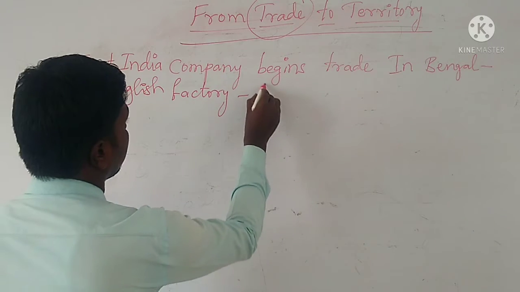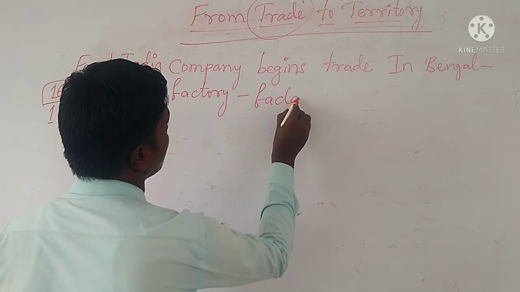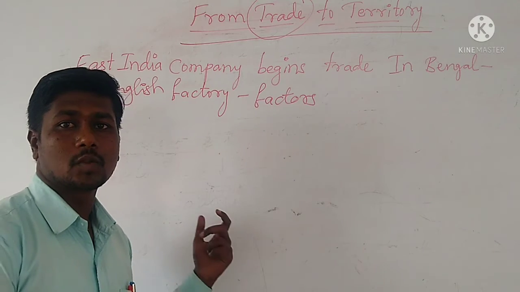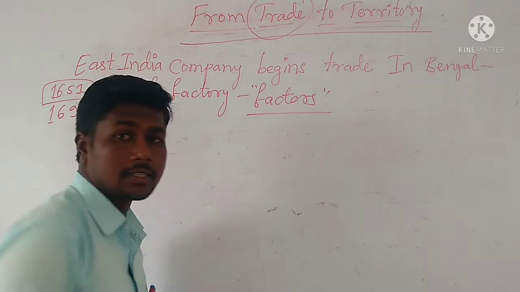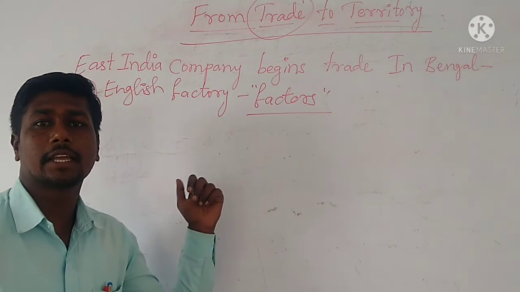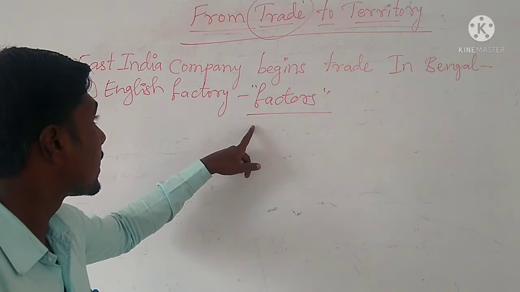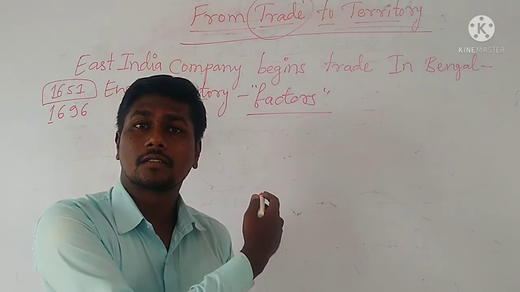And it was operated by whom? By the traders. At that time, those traders were called factors. The traders of the English East India Company who operated the English factory were called factors.